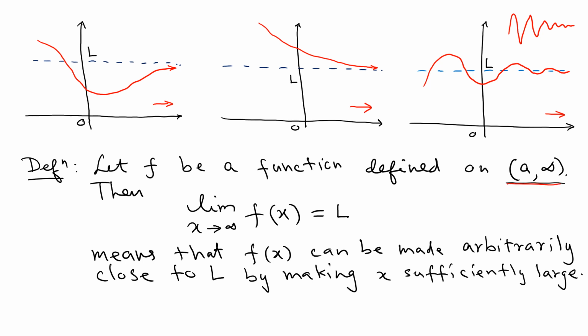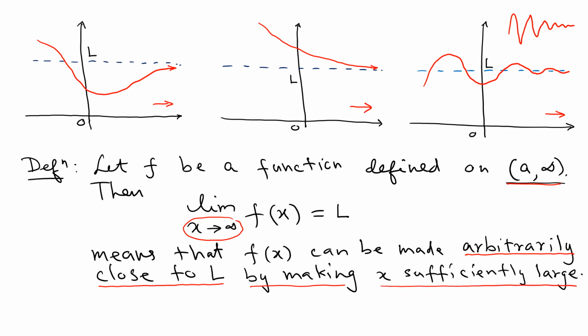Then we say the limit as x goes to infinity of f(x) equals L. That means that f(x) can be made arbitrarily close to L by making x sufficiently large.